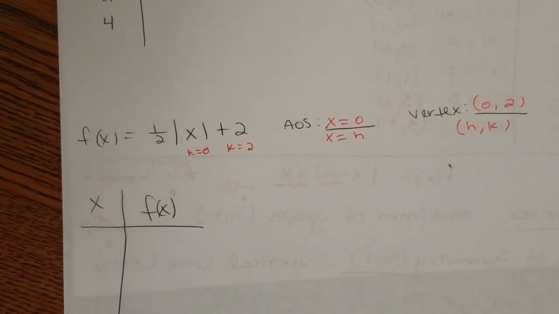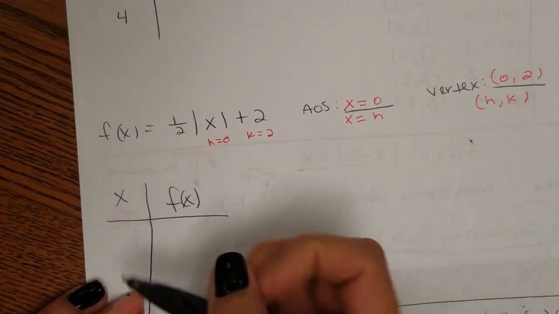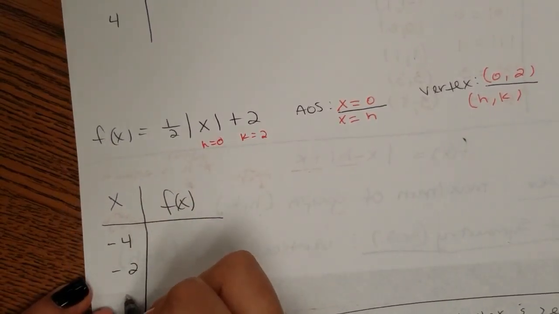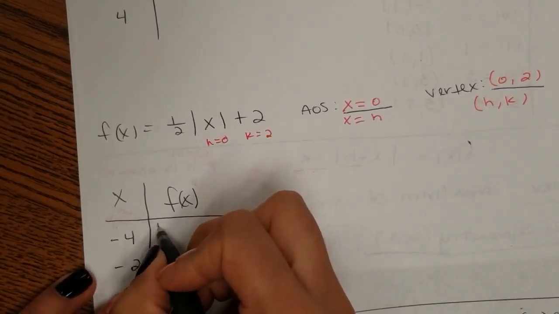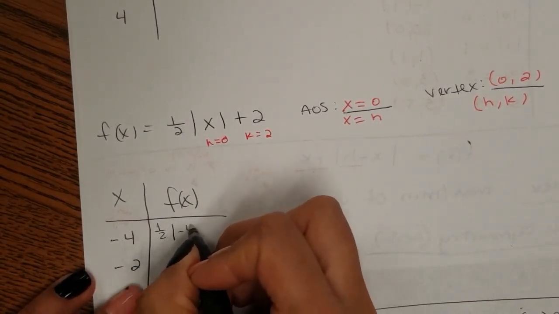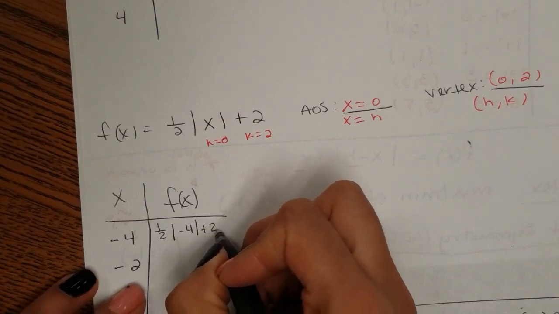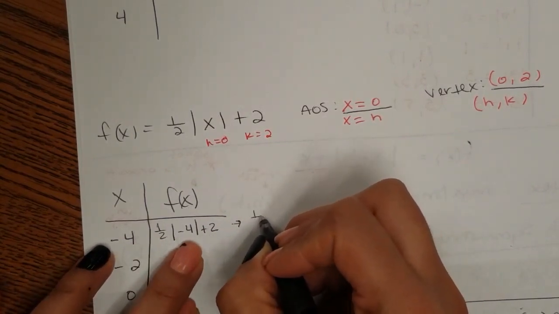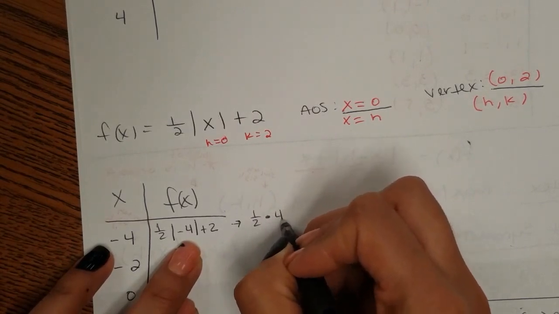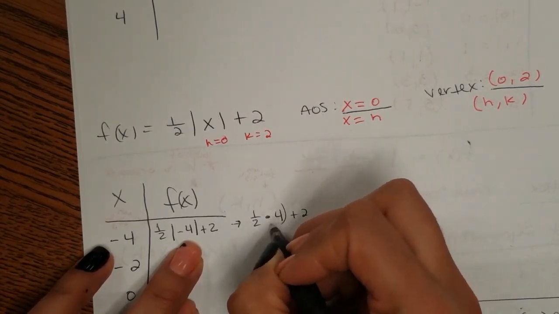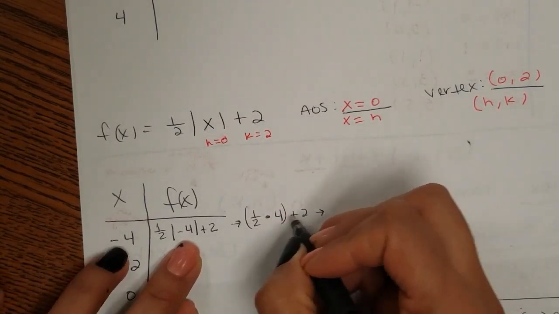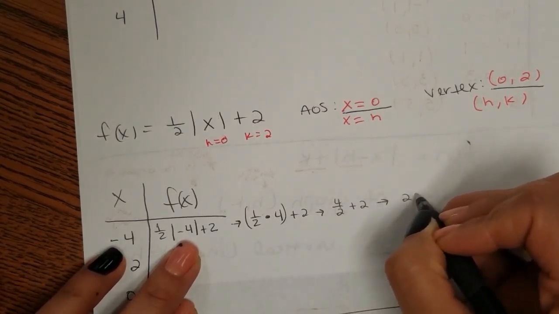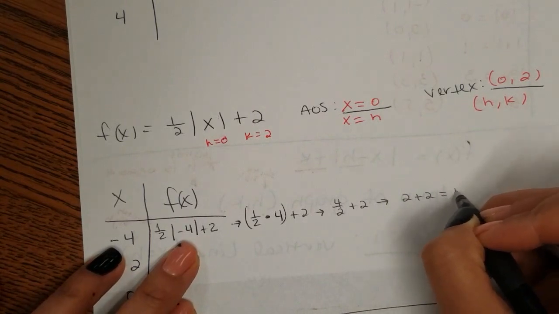Now I'm just going to do 2 points here, and we'll do -4 and -2, and 0. So I have 1/2 times the absolute value of -4, plus 2. So that turns into a positive: 1/2 times +4 plus 2. We multiply first, so we have 4 over 2 plus 2, which becomes 2 plus 2, which is 4.